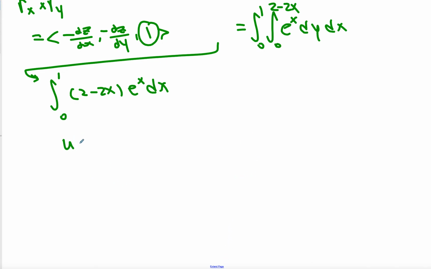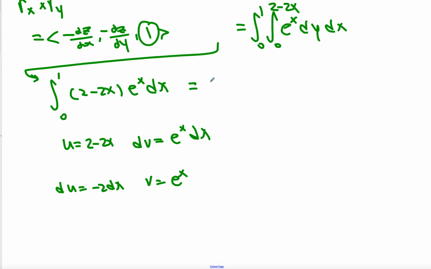So I'm going to say u, dv, v, du. All right, so let's look at this one together. I'm going to set u as 2 minus 2x. That gets me du as negative 2 dx. dv is e to the x dx. And v is simply e to the x.